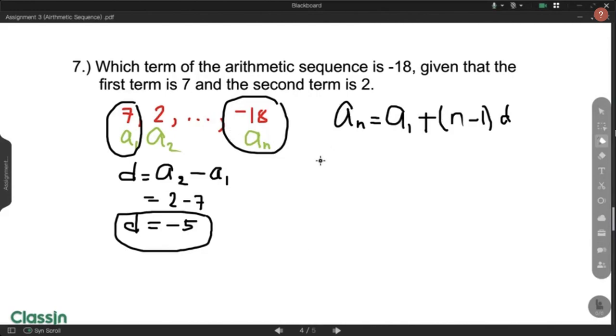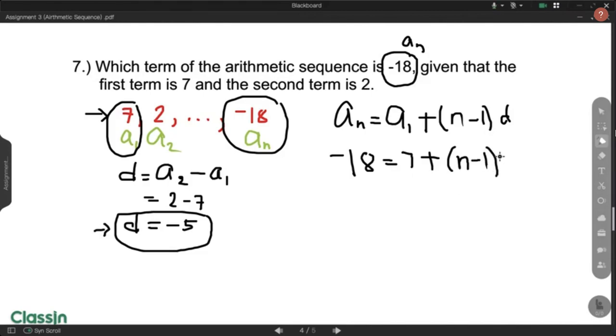Our a sub n is negative 18, equals a sub 1 is 7, plus, we don't know the number of terms yet, so we write n here. And then the common difference is negative 5. If I will just write here negative 5, it will look like n minus 1 minus 5, right? Since we're multiplying it, place this negative number inside a parenthesis, just like that.